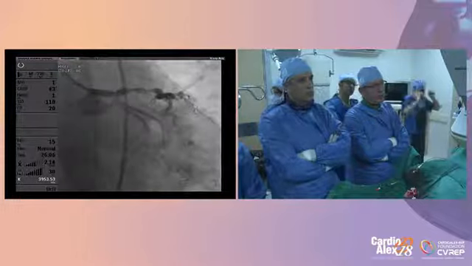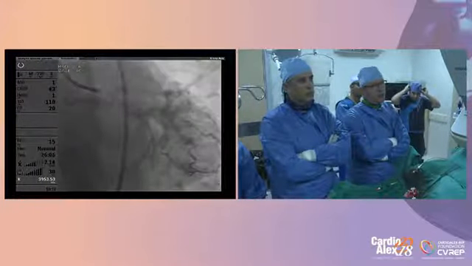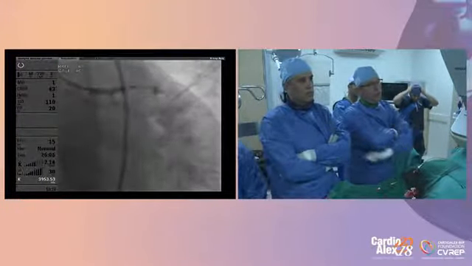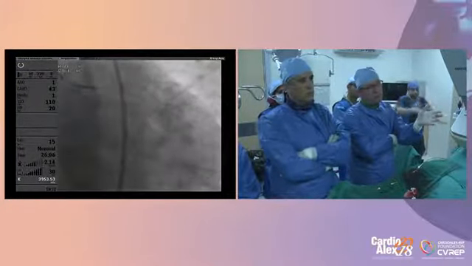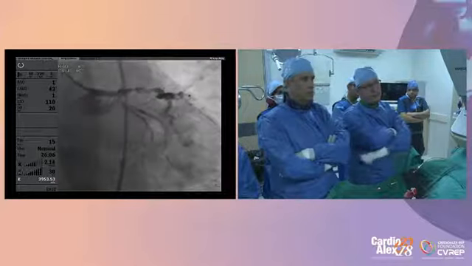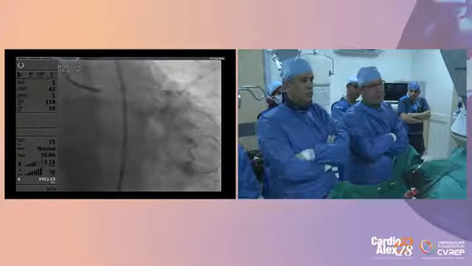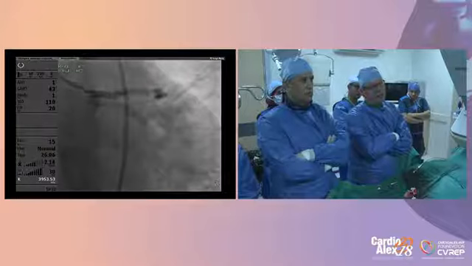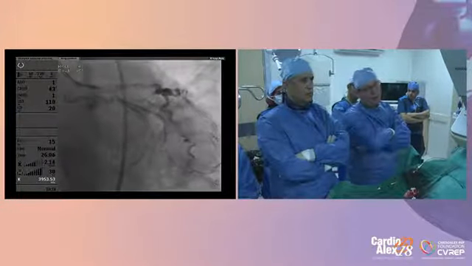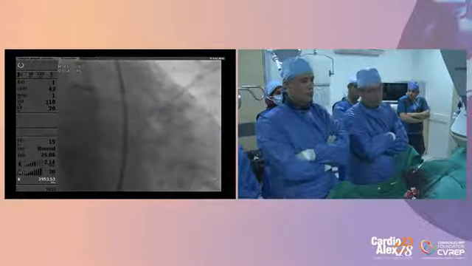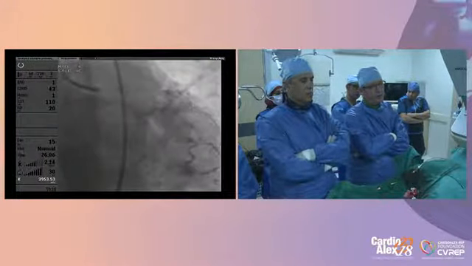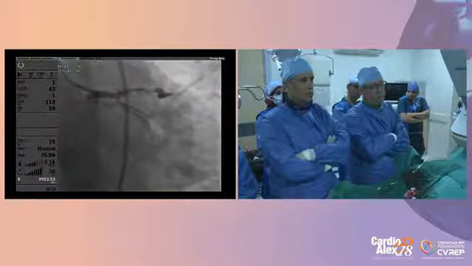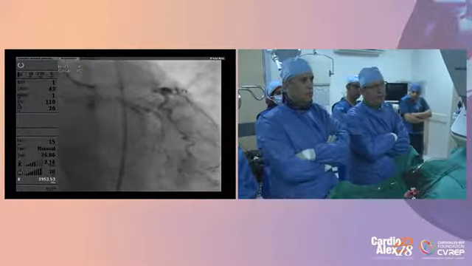The problem is that the stump is very, very short, and so we don't have good support. But we will try, and if not successful, of course, we'll stent the LAD. Yes, exactly.